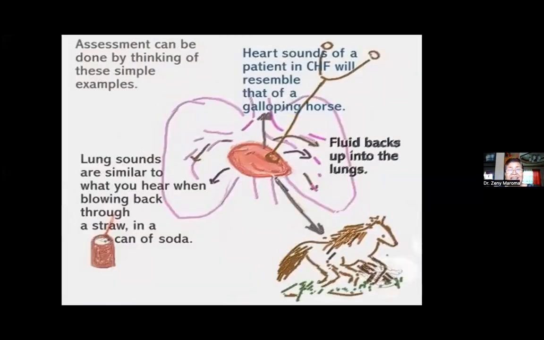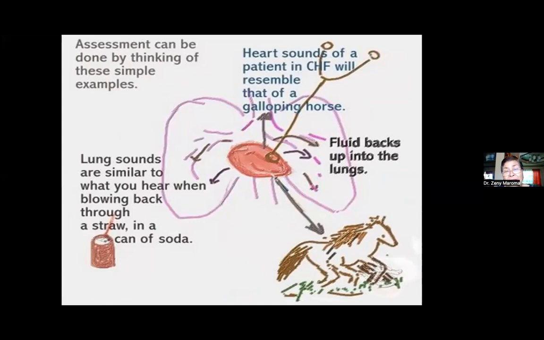Okay, and when we assess, just remember there are simple examples. Because fluids back up into the lungs, okay? So therefore, ang heart sounds daw na maririnig mo resembles that of a galloping horse. Or dili kaya yung lung sounds that you would hear ay parang when you blow back through a straw in a can of soda.